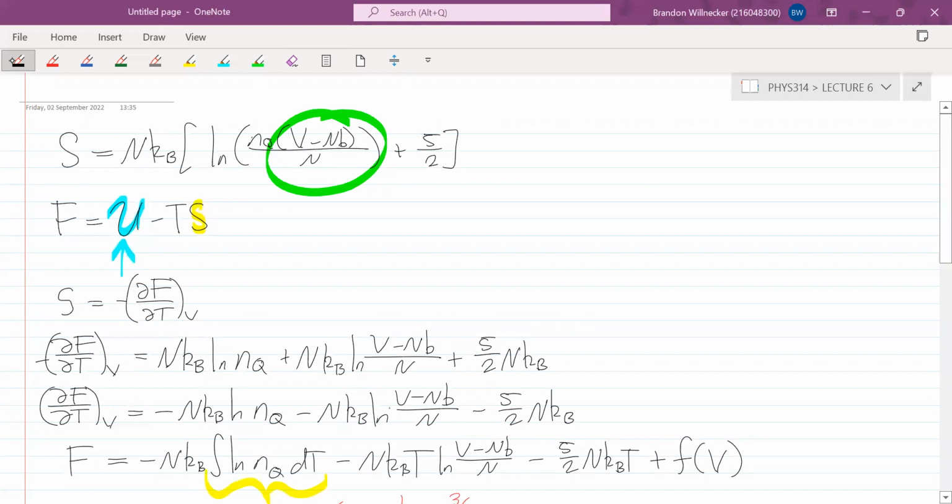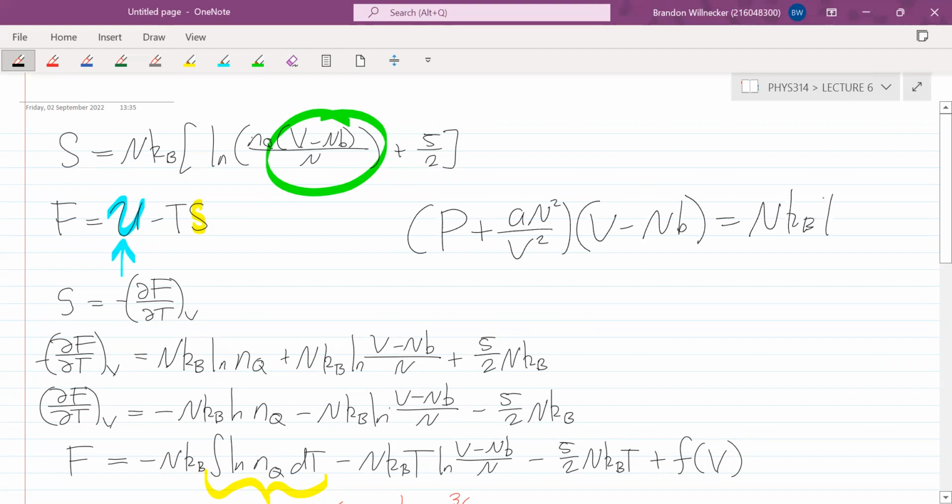So if you remember with the van der Waals gas that you did in the homework problem, remember it was P plus aN over V squared times V minus Nb is equal to NkBT. So you found this. You see this extra term here is in the equation of state, but it's not in the entropy.